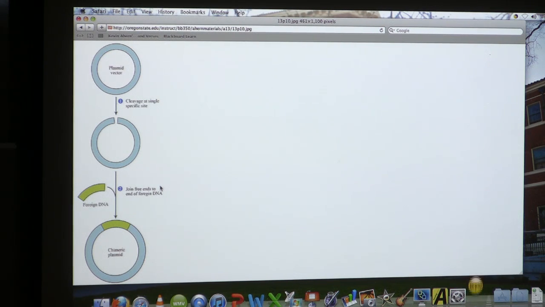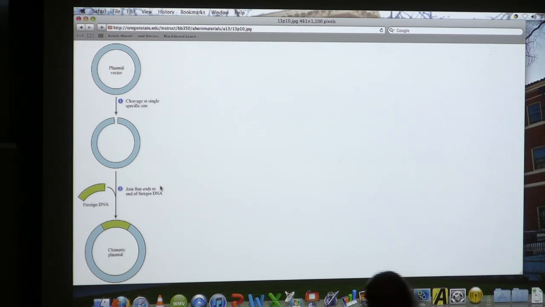Because not all bacteria are going to get things that I put into them. In fact, at the very highest rate, I get about 1 in every 100,000 cells. Very low efficiency of getting DNAs into bacteria.